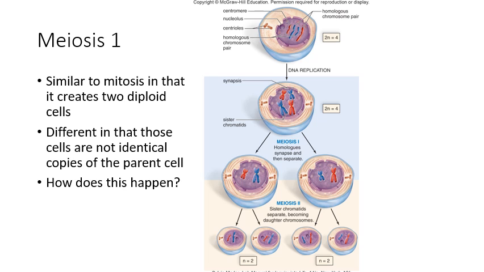So it's important after fertilization, during mitosis, to make genetically identical cells. But in meiosis, that's not so much the case. We want to increase our genetic diversity. And so in meiosis 1, that's going to happen through this crossing over phenomenon, where we're exchanging genetic material. So at the end of meiosis 1, it is different than mitosis because we create cells that are not genetically identical.